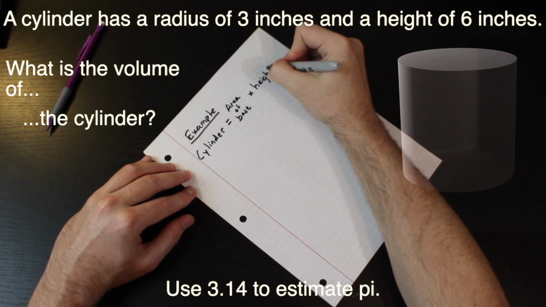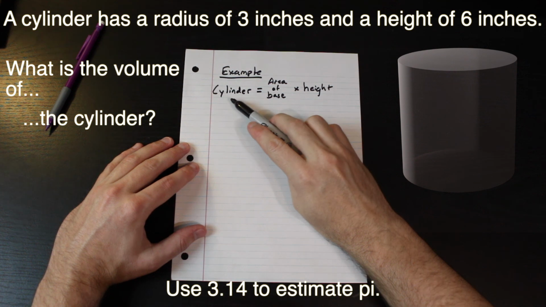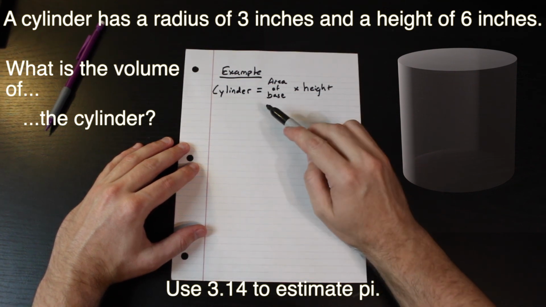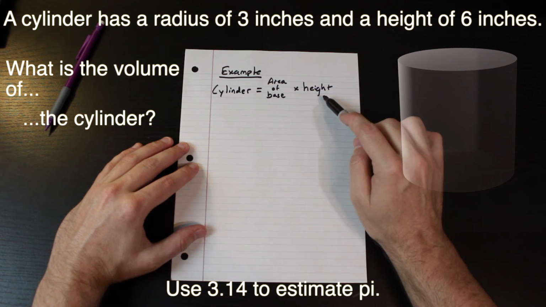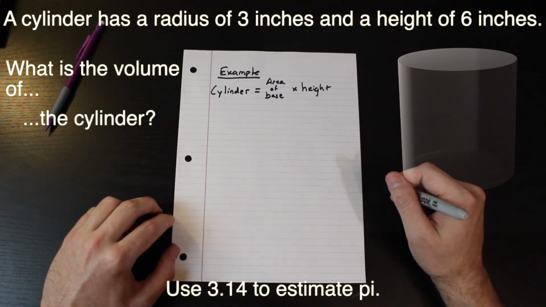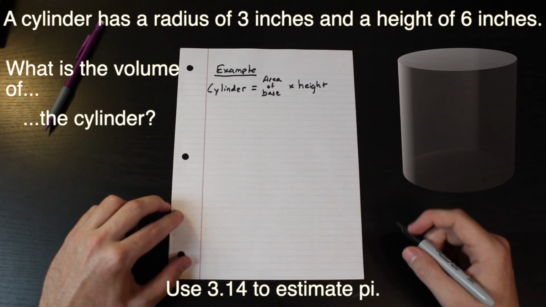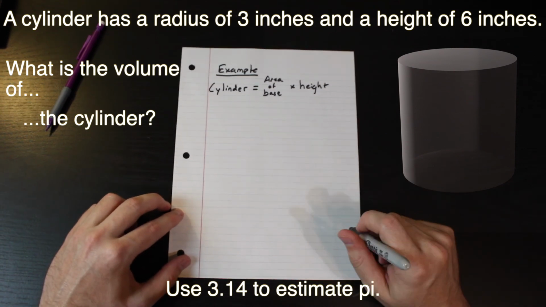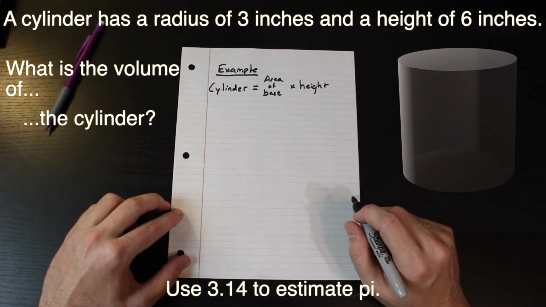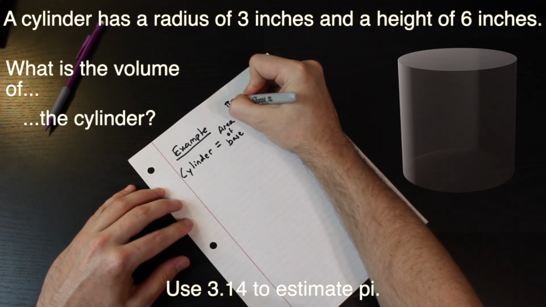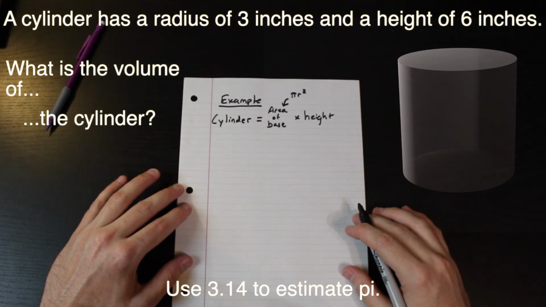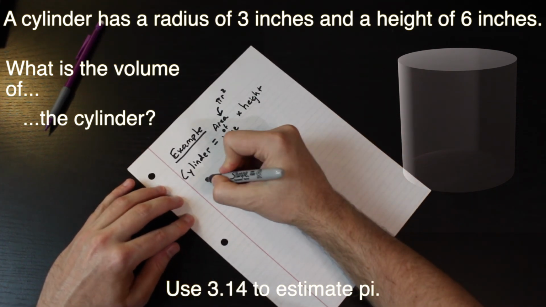The volume of any right solid, and a cylinder is a right solid, is found by taking the area of the base and multiplying by the height. So let's do that. The base is a circle, so we'll need to remember our formula for the area of a circle, which is pi r squared. In this case, r is 3 inches.